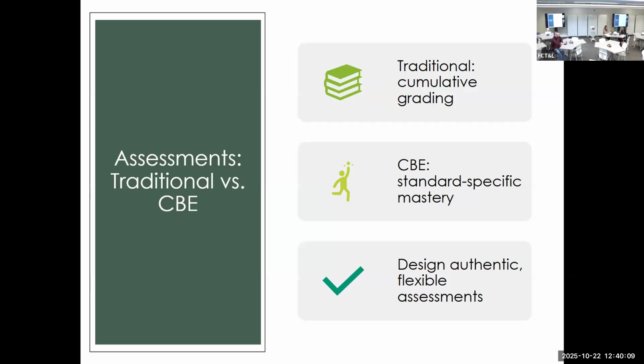The mind shift was moving from cumulative grades to more of a standard-specific approach, and really thinking long and hard about what we are asking them to do, and what skills and knowledge we really want them to demonstrate.